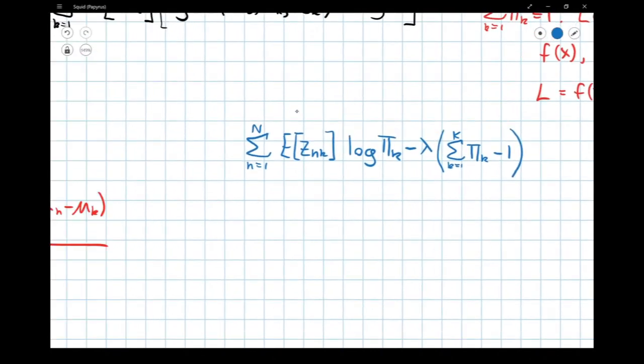I'm going to move this down here so we have a bit more room. So this is what we're going to try and minimize now. We're going to take the derivative of this with respect to pi k.